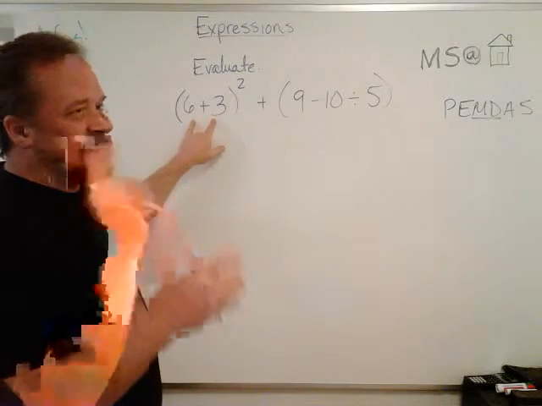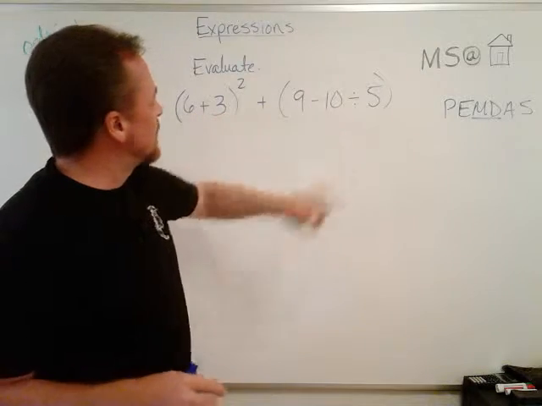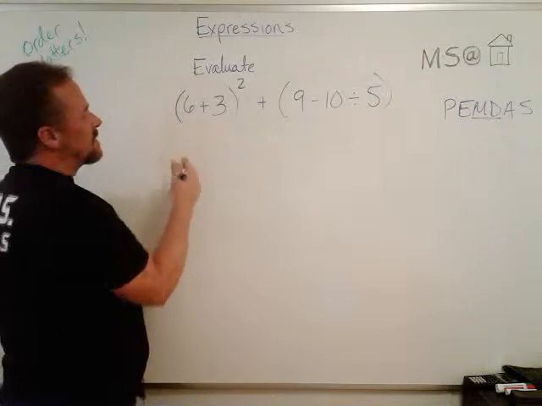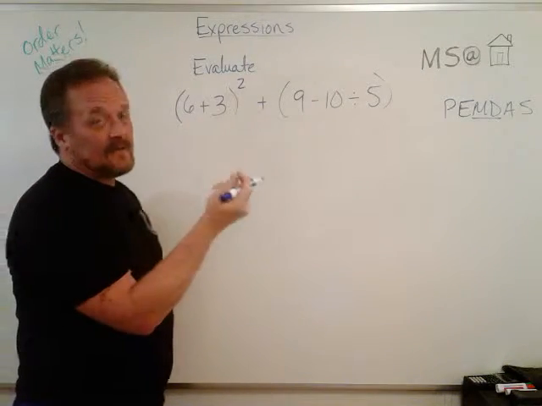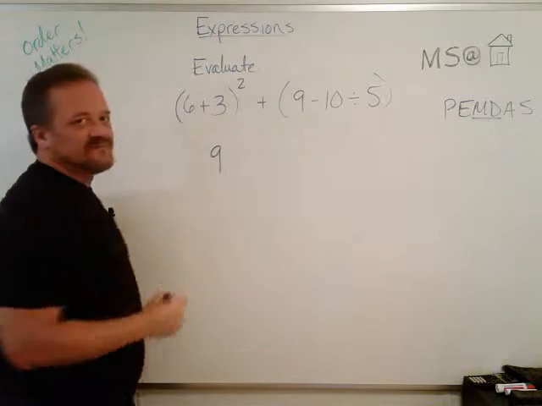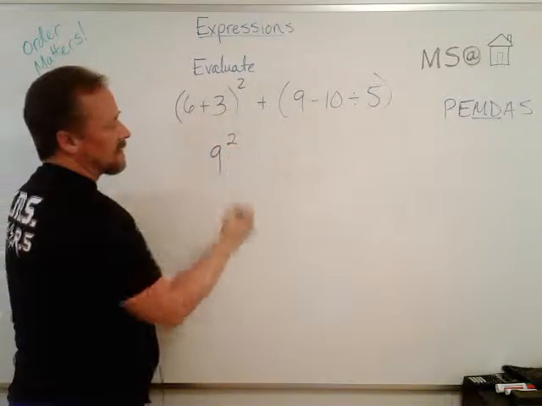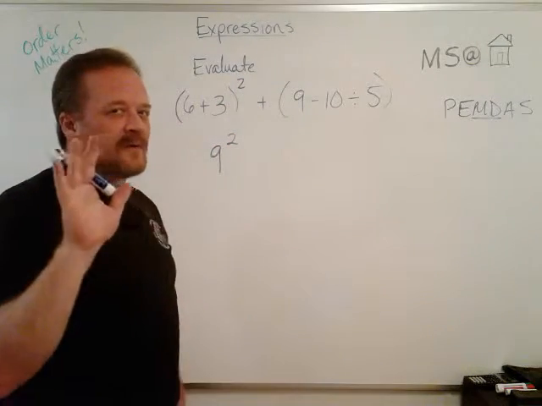First thing I know I need to do is do the grouping symbols, work what's inside here. I'm going to go ahead and start here on the left. I know that 6 plus 3 is 9, right? And again, I don't need the parentheses, but I do need to make sure I bring this exponent down, okay? Now, here's the thing.